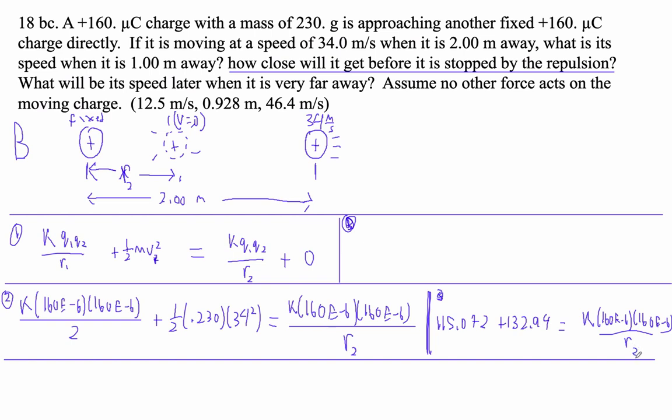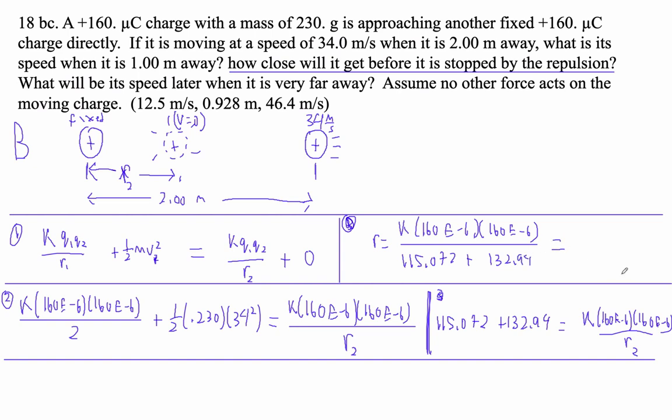That's the distance, right? Okay, so I'm going to add those two. And I'll end up with R is equal to K times 160 e minus 6 times 160 e minus 6 over 115.072 plus 132.94.